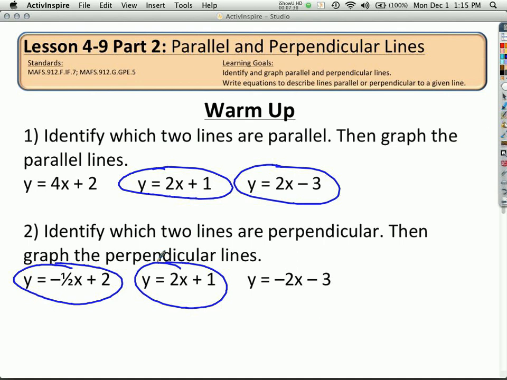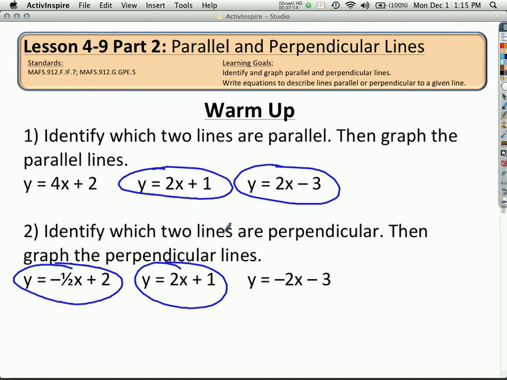So let's go back to why. Number 1, why are those two lines parallel? It can be summed up with two words. Shannon? Same slope. Slope is right here, 2, 2. Number 2, why? Ethan?